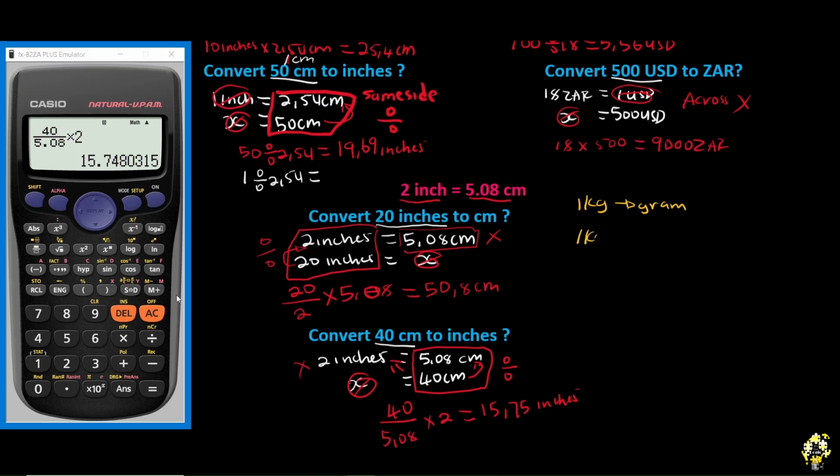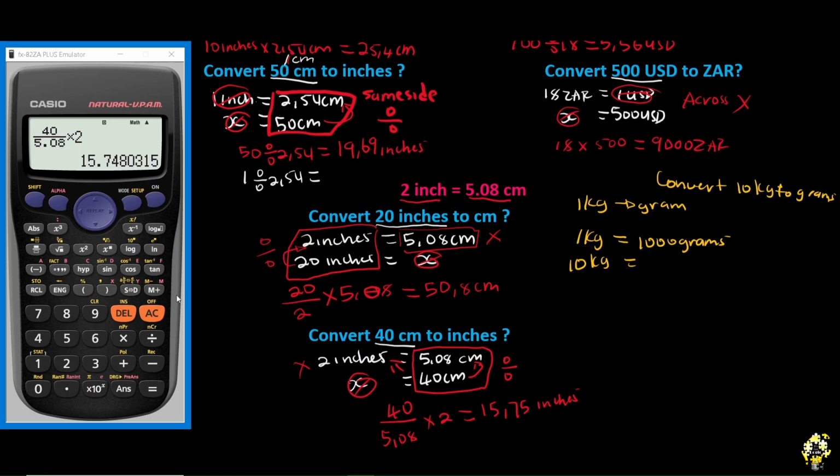Because you already understand that 1 kg is equal to 1,000 grams. If they ever ask you to convert, so let's say the question says convert 10 kg to grams, what am I going to do here? I'm going to do the same thing. Under 10 kg, I'm going to put my kgs, right? 10 kgs.